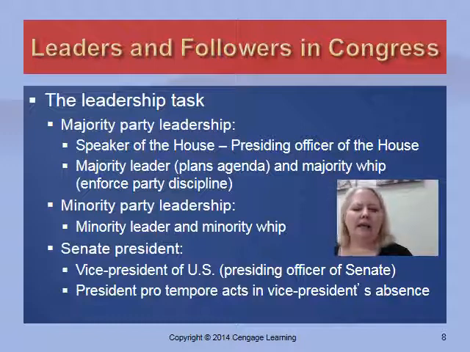And in the minority leadership, you have the minority leader who plans the agenda for the minority party, and the minority whip that rallies support for those minority concerns. And in minority there, I'm talking about the party in the minority. In our case right now, the majority party is the Republican Party.